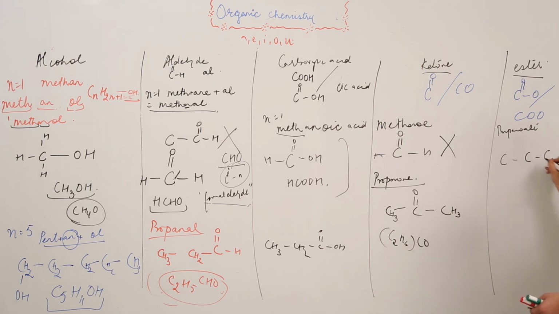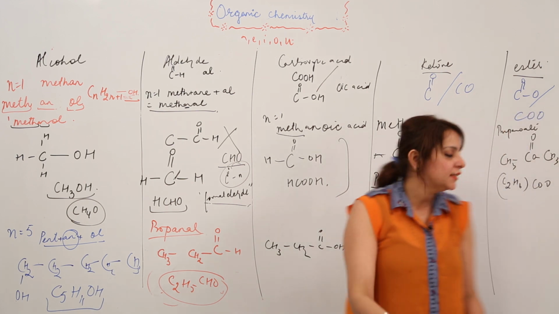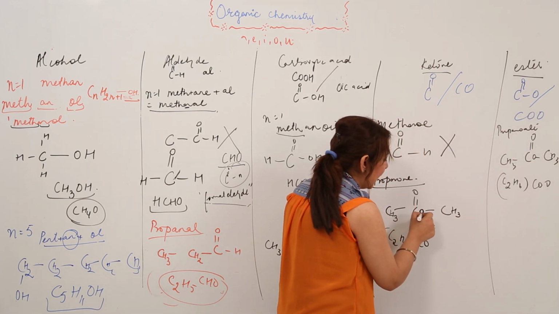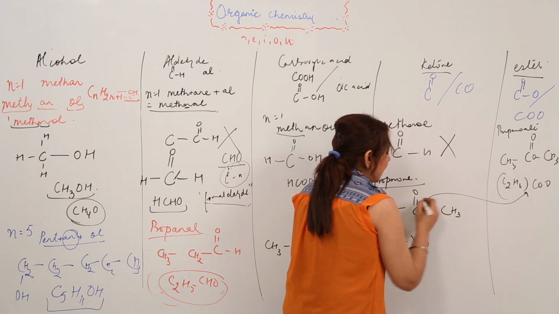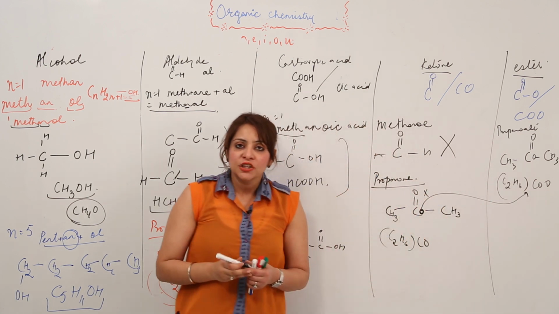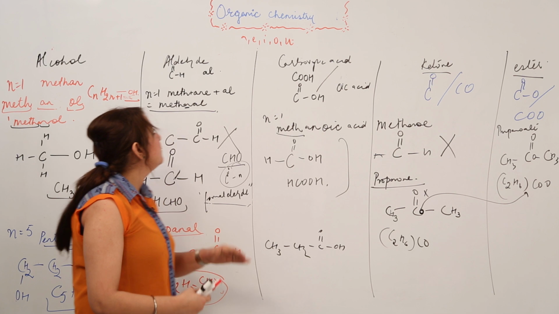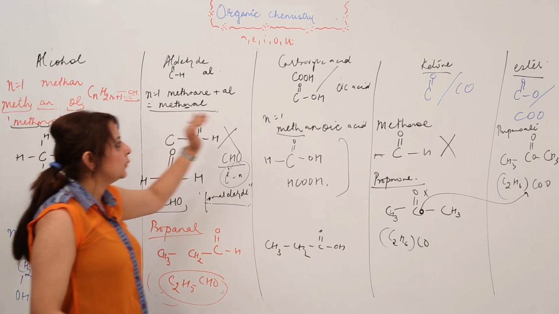Prop means 3 carbons, an means single bond, oate means COO, and you need to satisfy the valency. We are counting everything, but we are not counting the COO. It is a similar way. The only difference is that here one more O is attached, and it is not present in the other case. So this is how you are going to make the members of alcohol, aldehyde, carboxylic acid, ketone and ester.